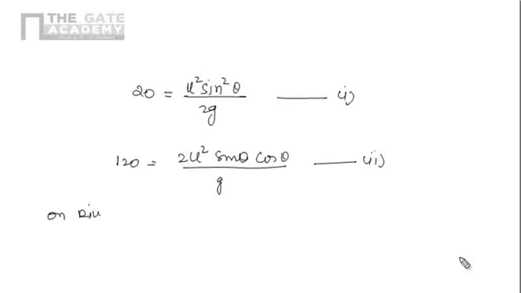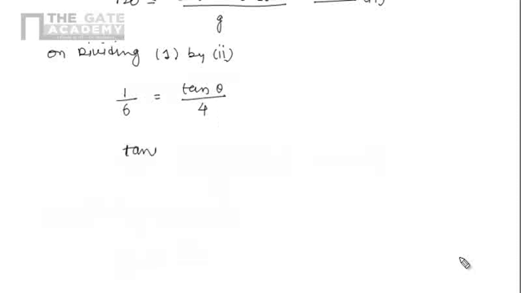On dividing 1 by 2, we have 1 by 6 equals 2 tan theta by 4. So tan theta I can write as 4 by 6, so 2 by 3.